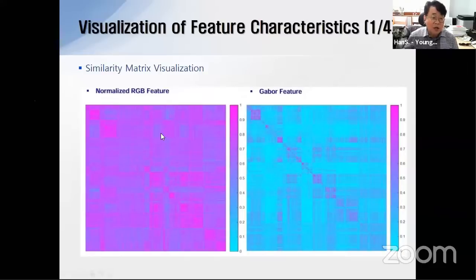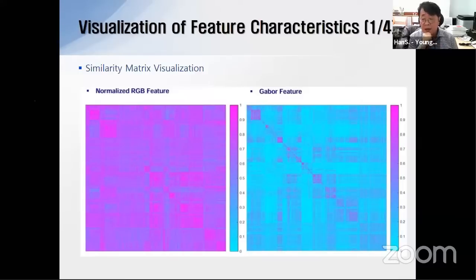The first one, I made the self-similarity matrix using normalized RGB features. You can't find any distinguishable or separated object classes inside that matrix. That means the normalized RGB feature extraction is, in this case, useless. I mean it is not effective.